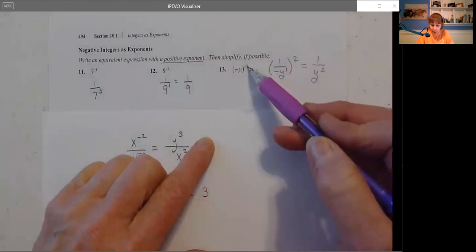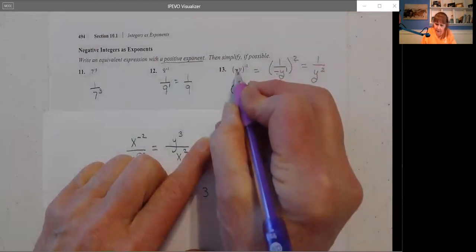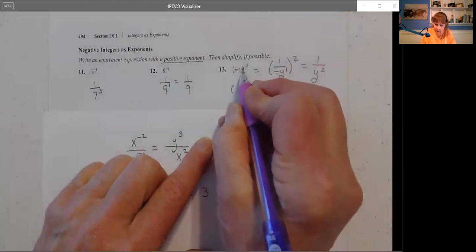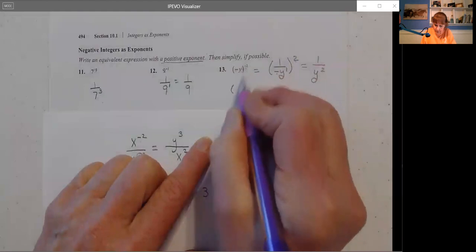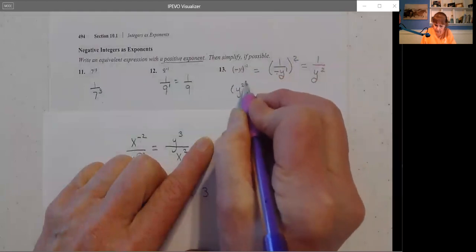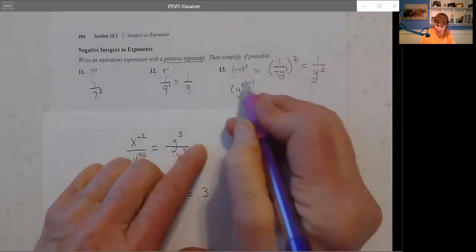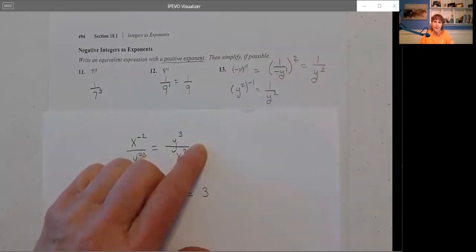You could square what's inside. When you square the negative, it's a positive. When you square the y, 1 times 2 is y². And then you still have that -1 out there. And then you can just change its position.